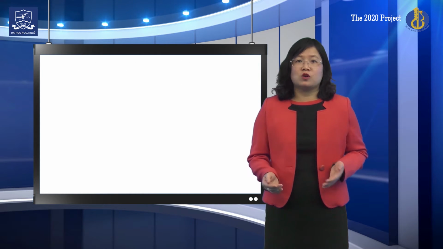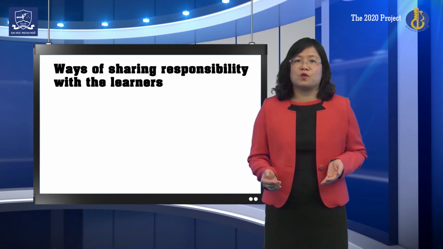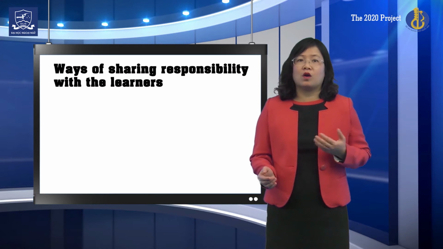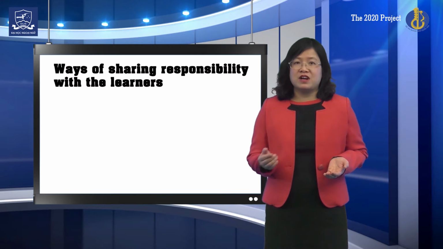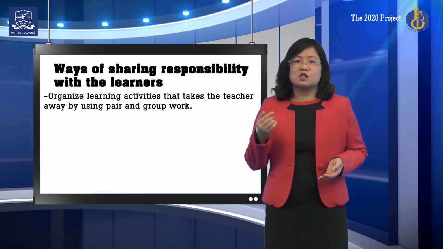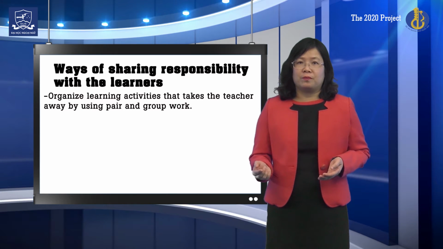And Norman's 4 specific principles suggest ways of sharing responsibility with the learners to address some of the common problems teachers face in large classes. First, organize learning in ways that take the spotlight, that is, the teacher, away from you by using, for example, pair and group work.